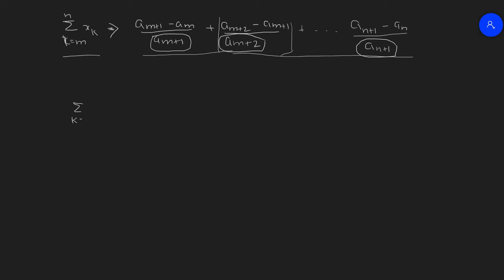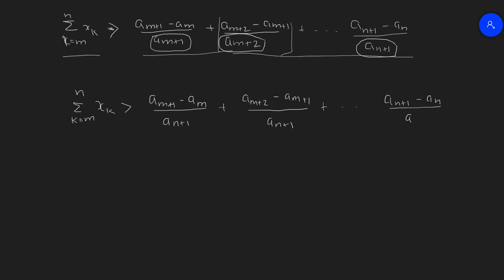The sum from k equals m to n of x_k will be greater than (a_(m+1) minus a_m), where the denominator has been changed to a_(n+1), plus the second term, also with the denominator changed to the greater value a_(n+1), and so on to (a_(n+1) minus a_n), the whole divided by a_(n+1).